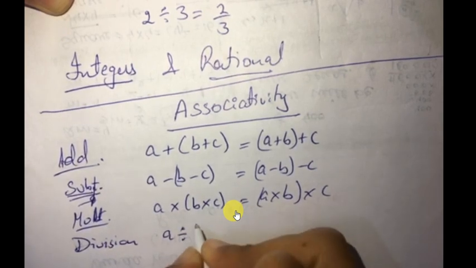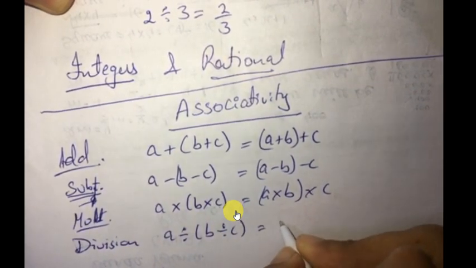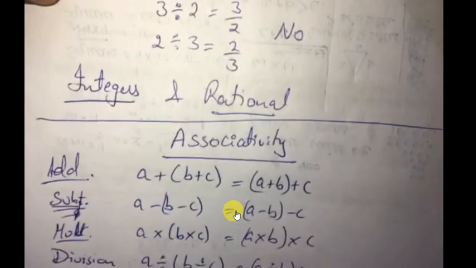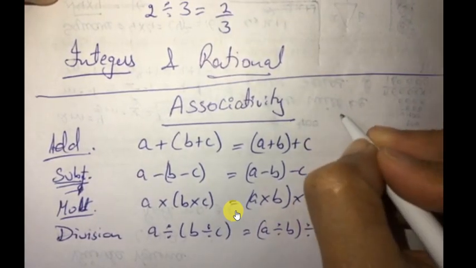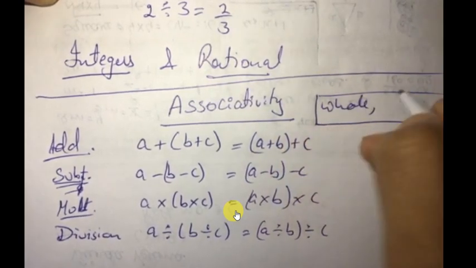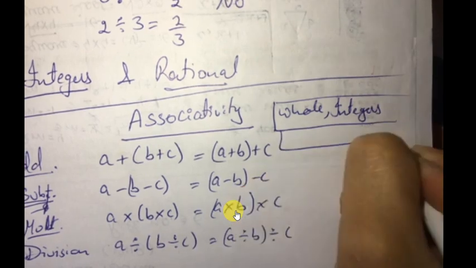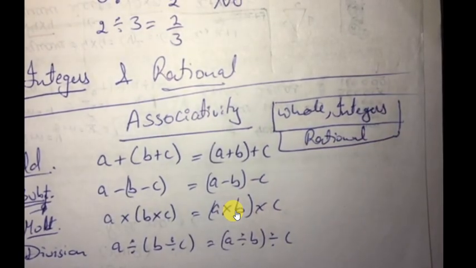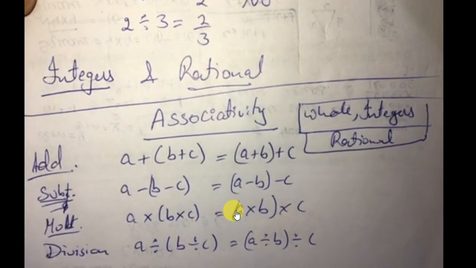Division will be a divided by bracket b divided by c, should be equal to bracket a divided by b, divided by c. Now you have to check all these with whole numbers, integers and rational numbers. For all three you will check all these four different associative properties.